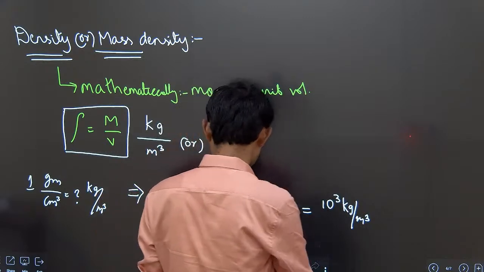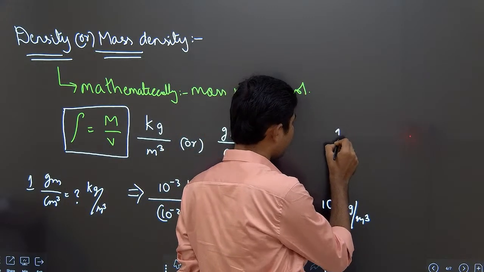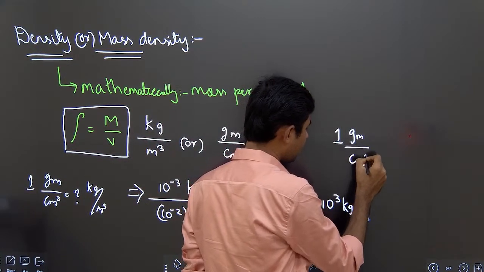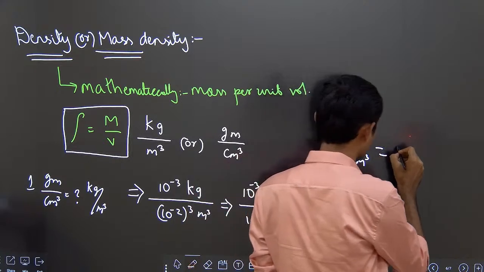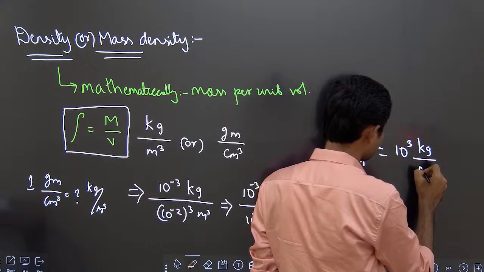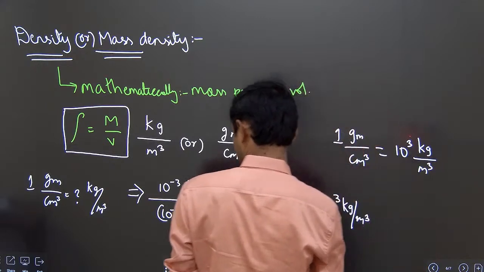So we can write 1 gram per centimeter cube is equal to 10 to the power of 3 kg per meter cube.